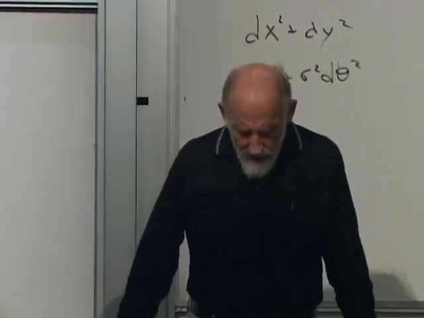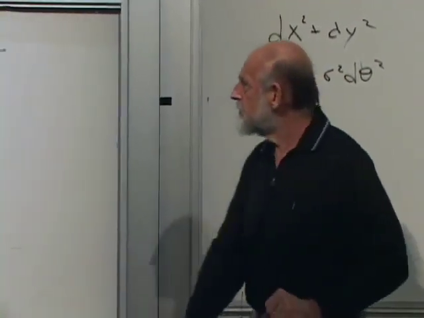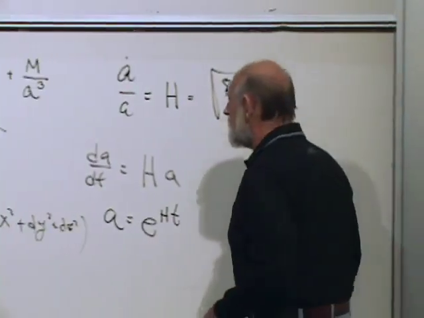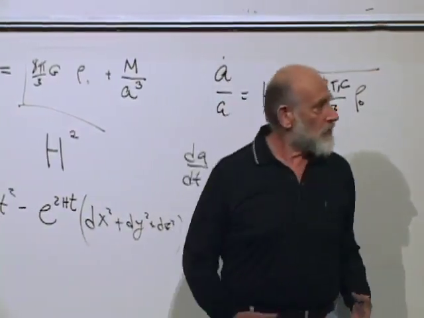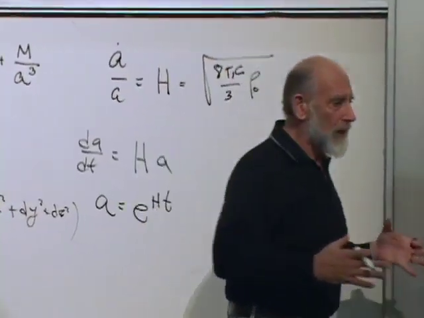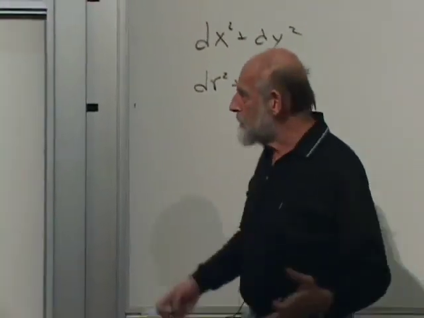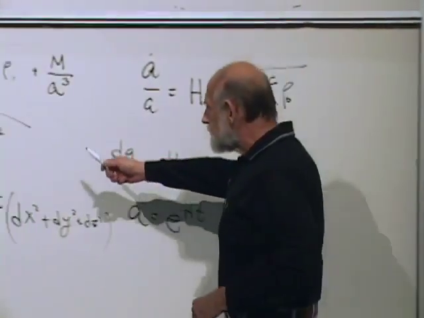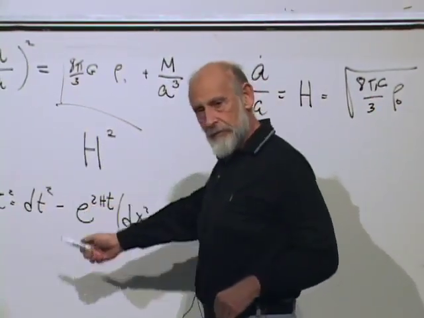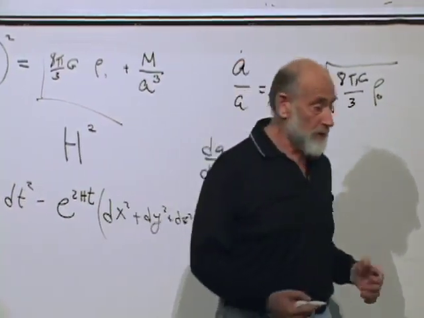Okay. In any case, this geometry which exponentially expands, distance between any 2 points exponentially expands, it has a constant Hubble parameter, is called de Sitter space.